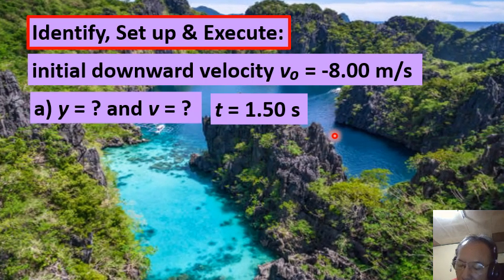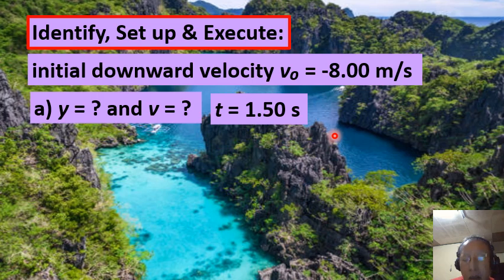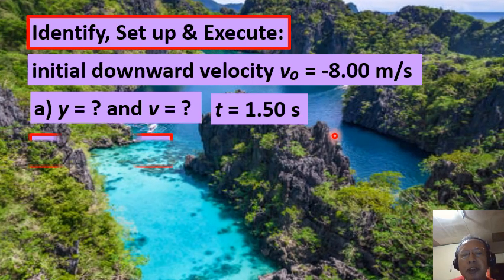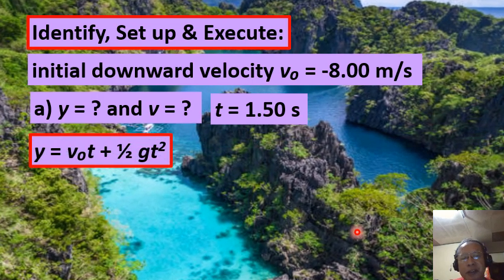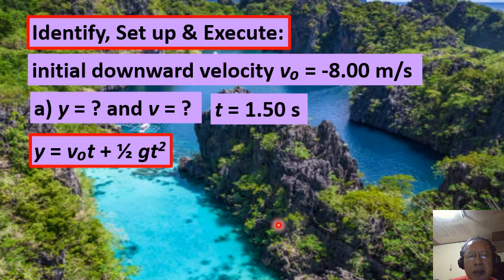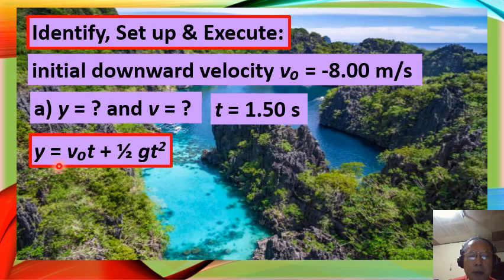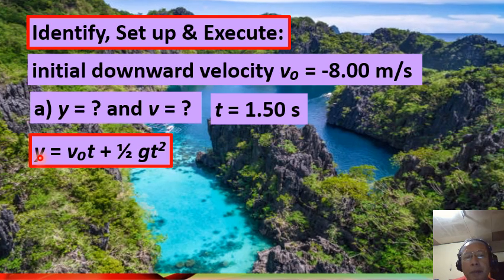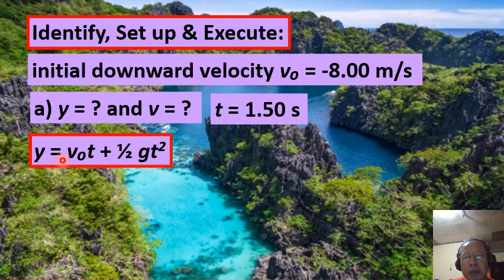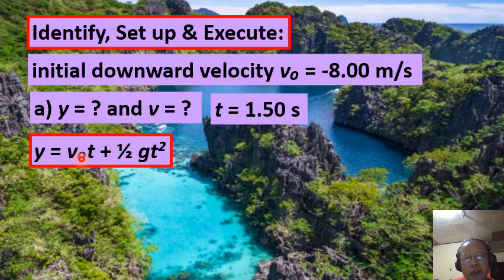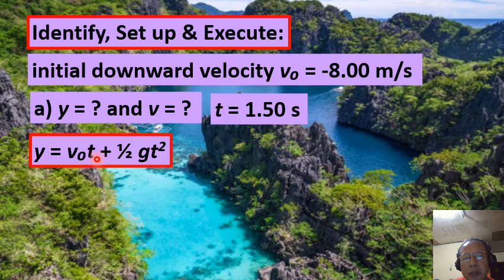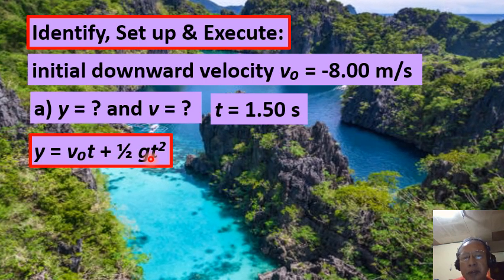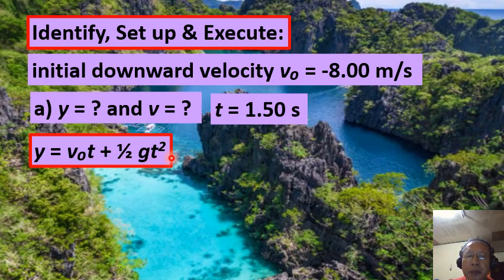So, we will compute for the position of the stone first, all right? And this is the formula that we are going to use, okay? So the position y is just equal to the initial velocity v naught times the time t plus 1/2 gt squared, all right?